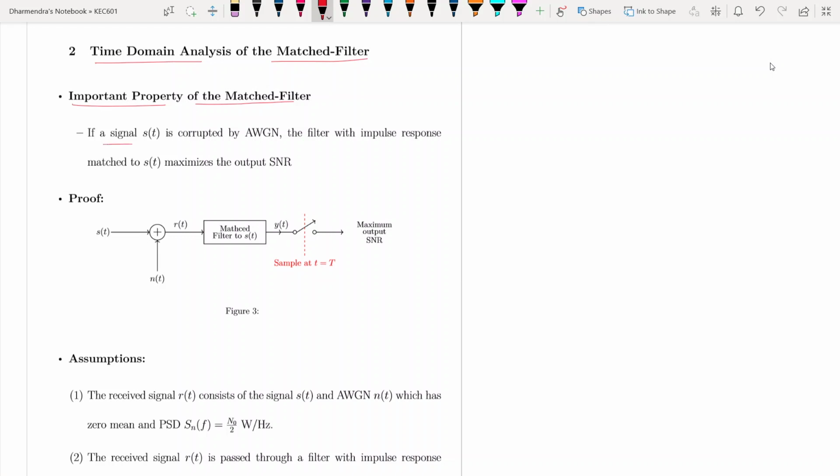If a signal x of t is corrupted by AWGN, the filter with impulse response matched to s of t maximizes the output SNR. Because s of t is a function of these basis vectors, matching of s of t is equivalent to matching of fk of t.